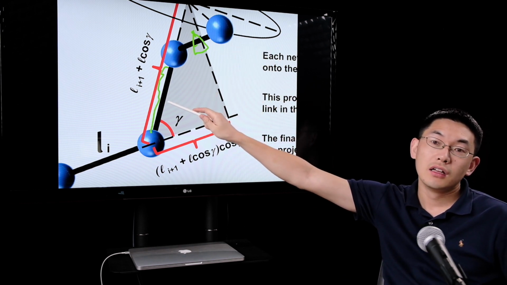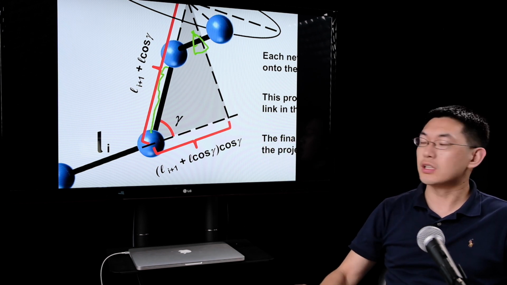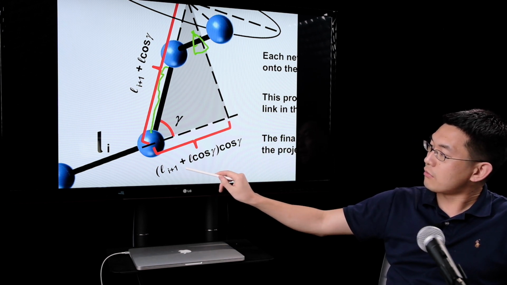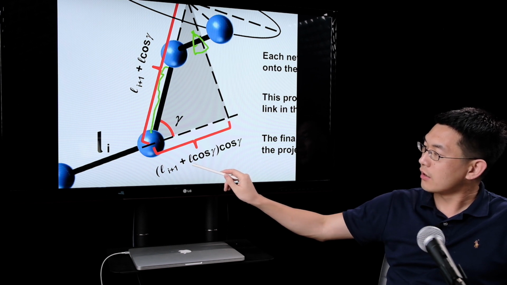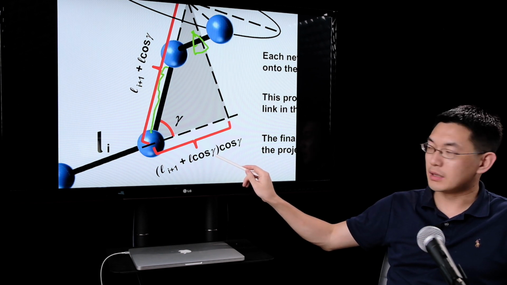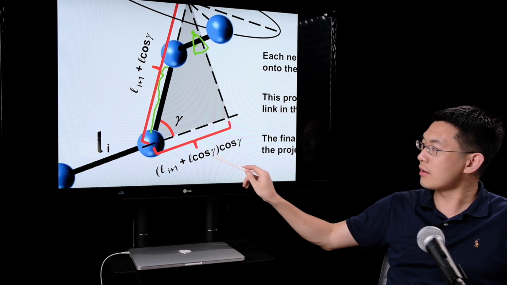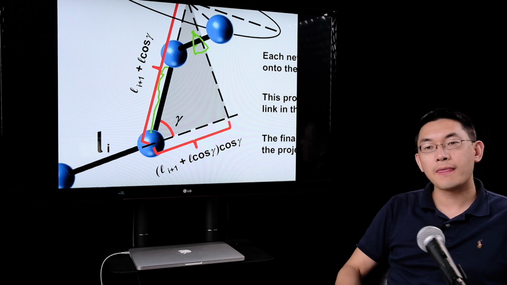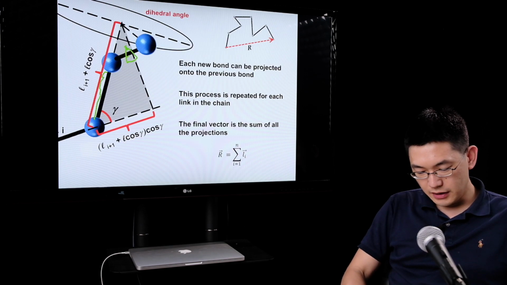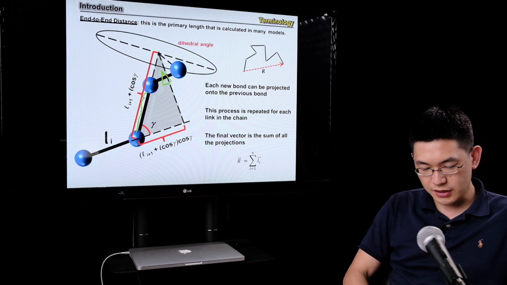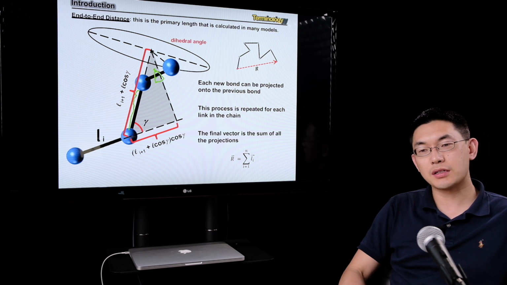If it gets one more projection, it will be equal to L_i plus L_(i+1) plus L cosine beta, cosine gamma, and cosine gamma again. So this would be equal to what we call the projection, the concept of projection of your polymer coil along its incidental angle.